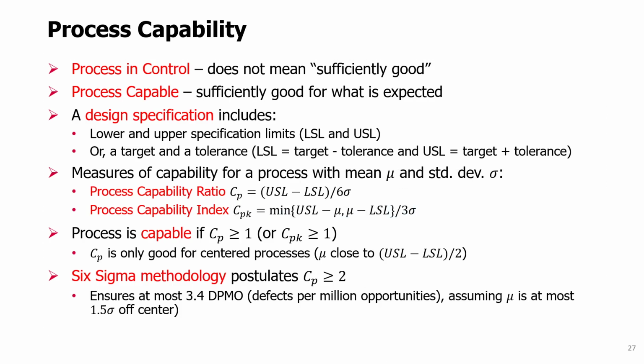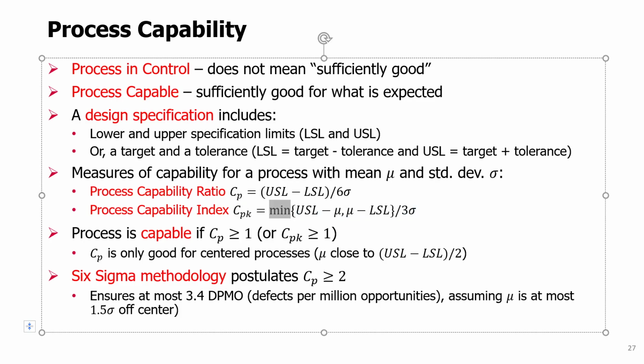But if it's not, this will choose the lower of those values. So this will choose the worst case of the two. For example, if the mean is closer to the lower specification limit, this value will be smaller, and so the other value will be ignored, and then the index will compare the smaller value to 3 sigma.